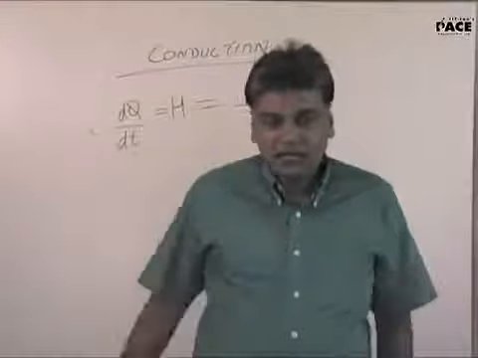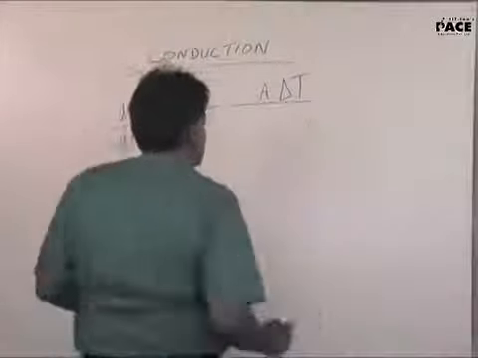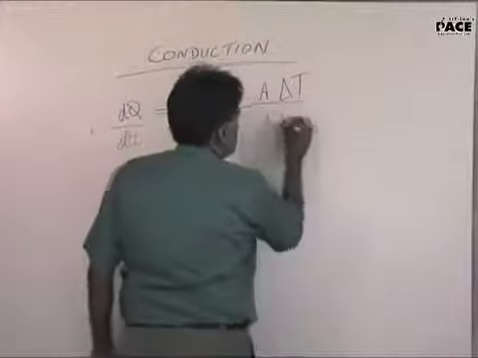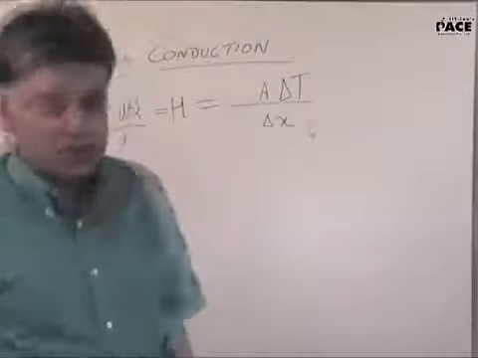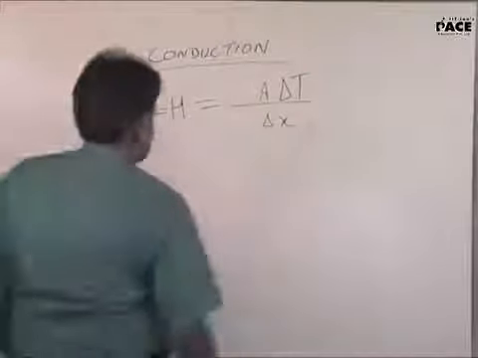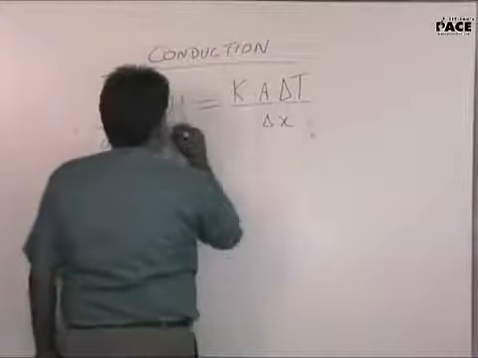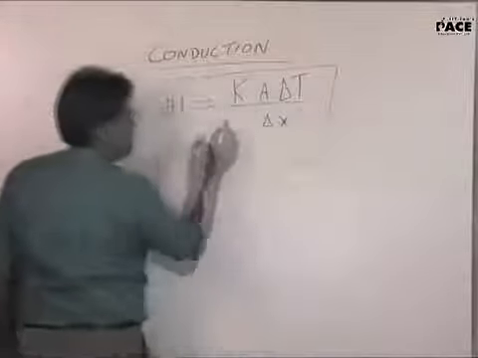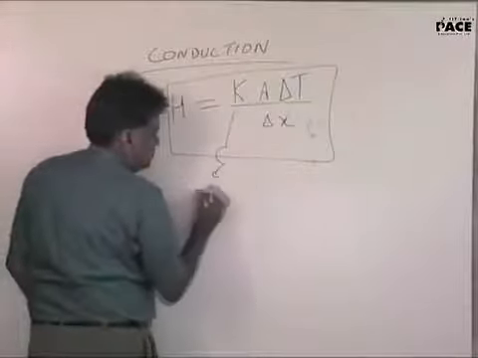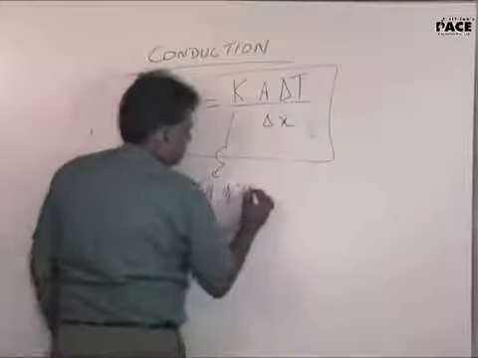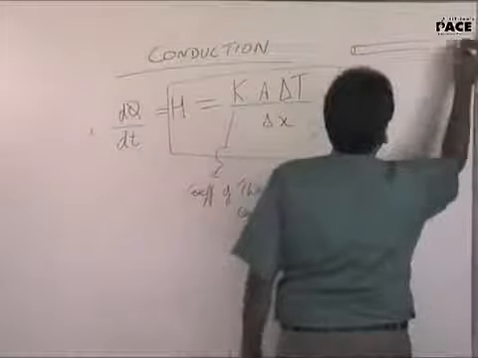It's inversely proportional to the length of the medium. Now in physics we put a proportionality constant here, we call it K, and give it a nice name: the coefficient of thermal conductivity.